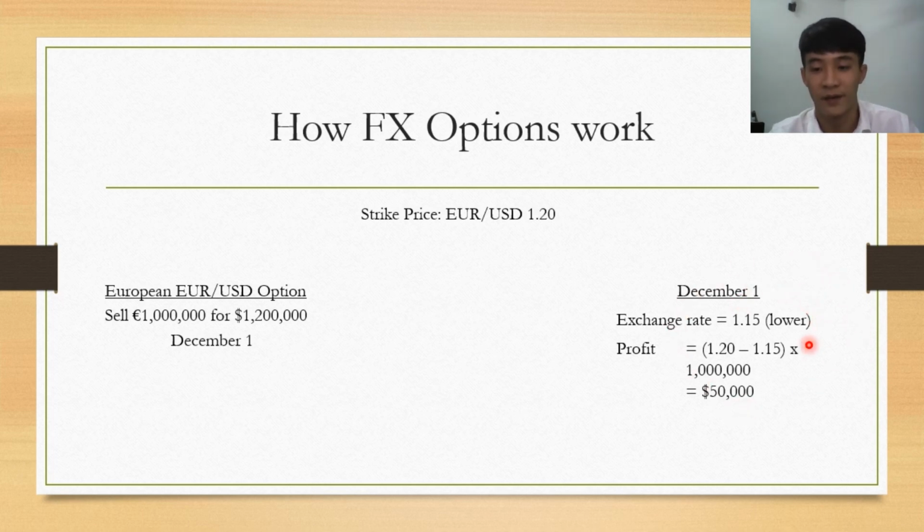If the exchange rate by that time is 1.15, then the holder will exercise the option. We use these calculations, and the holder will get a profit of 50,000 US dollars by exercising this option. So as you can see, we can eliminate the upside risk of EUR/USD by paying the premium, and at the same time, the holder can still profit from a drop in the currency rate.